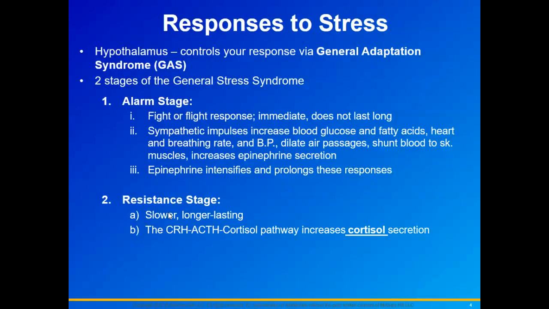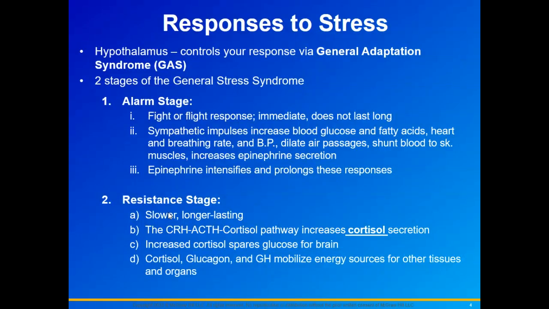But on this pathway, so hypothalamus, anterior pituitary, and then cortisol is being released from the zona fasciculata because it is a glucocorticoid. And so essentially, cortisol is going to increase in the bloodstream.